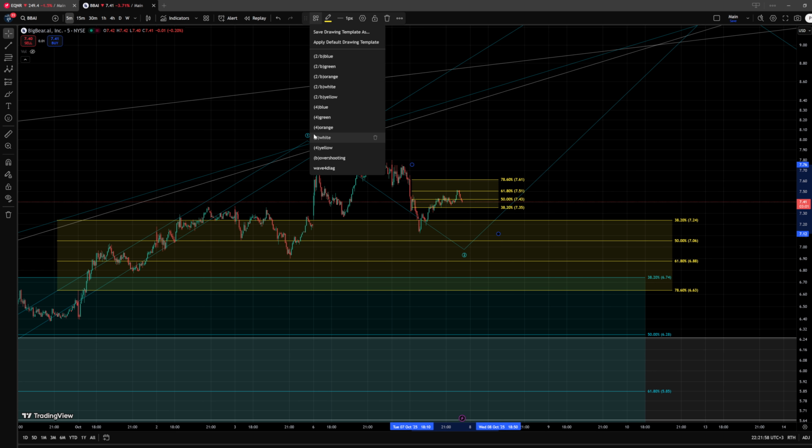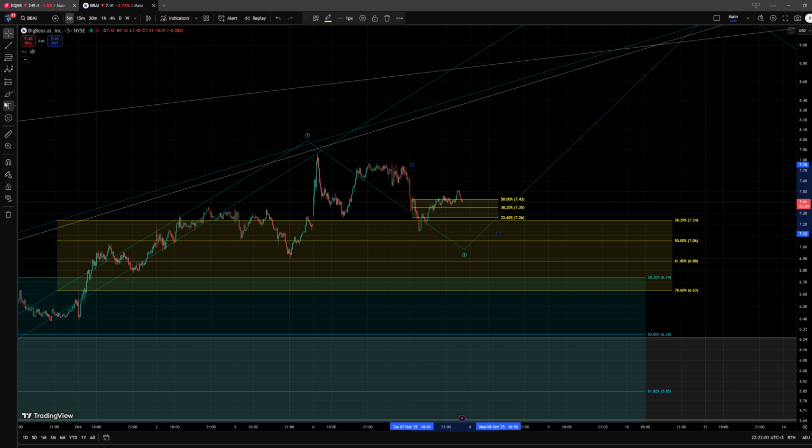So it could still go lower, but not within this ABC structure. Could be something different playing out, no problem. But it is already a good indication that, who knows, maybe we have started the larger uptrend.